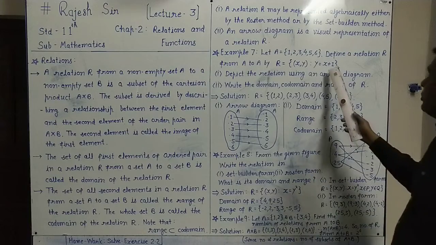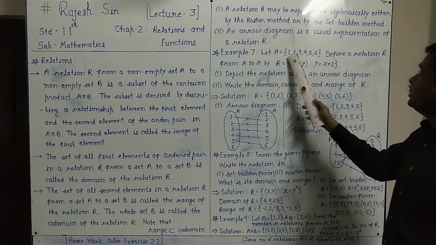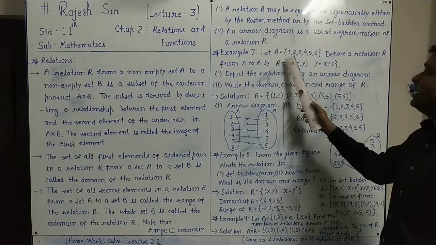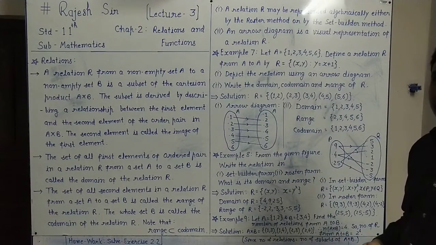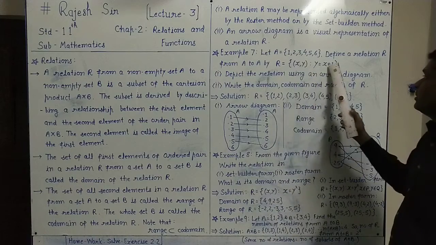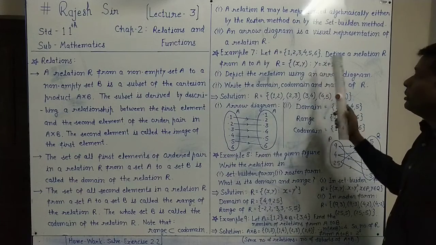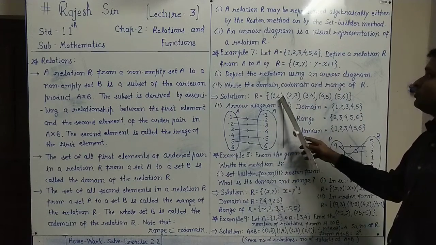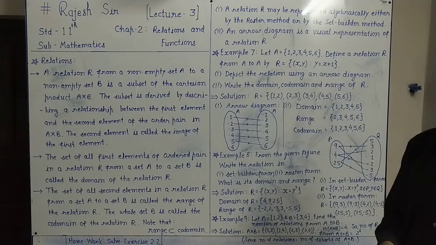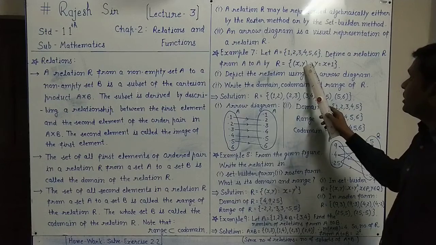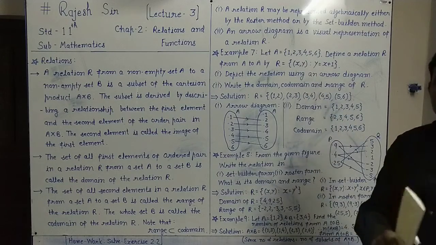It shows that if we take x equals 1, as A is {1, 2, 3, 4, 5, 6}, we can take one by one all the elements of the domain. So 1 plus 1 will be 2, y will be 2. So (1, 2). The second element is always 1 more than the first element.